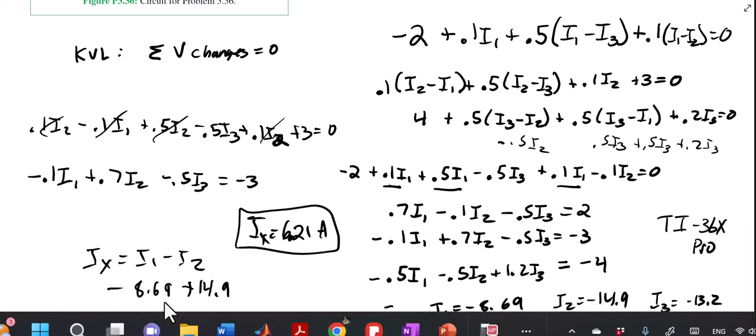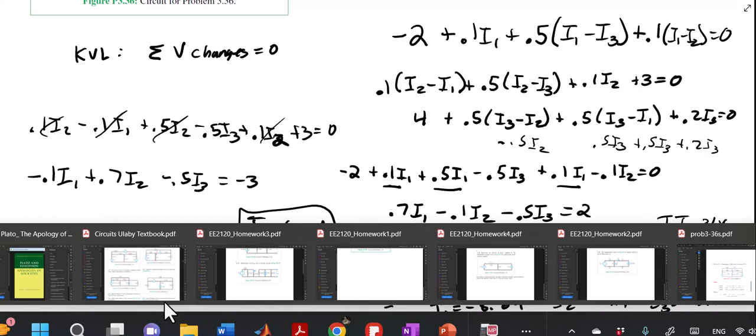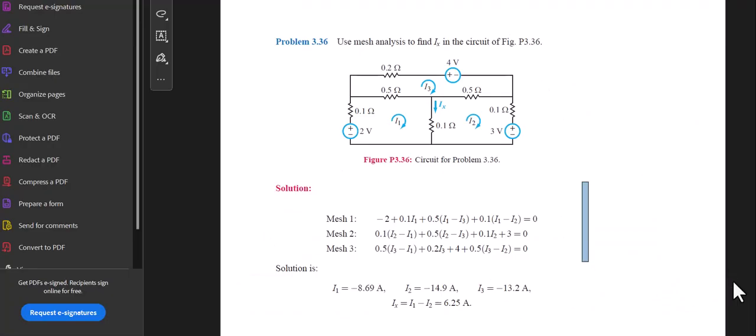Let's see if that is right. 6.25, so very close. So that was it.